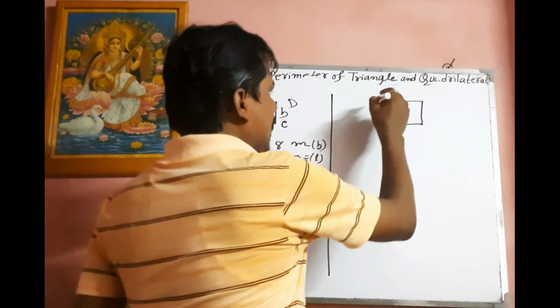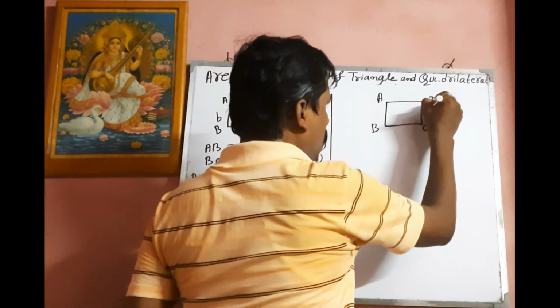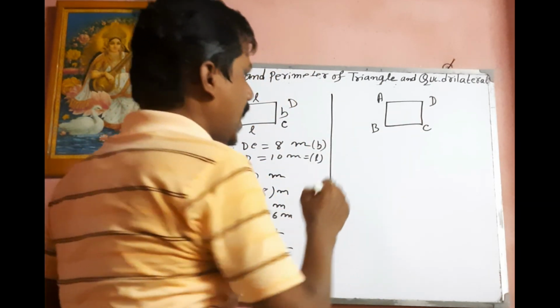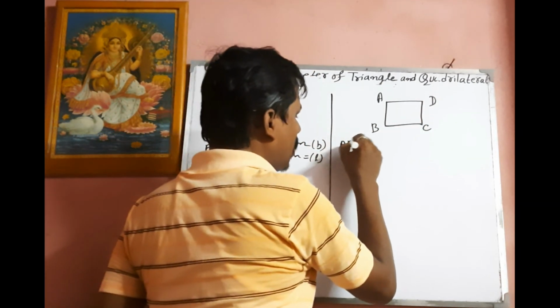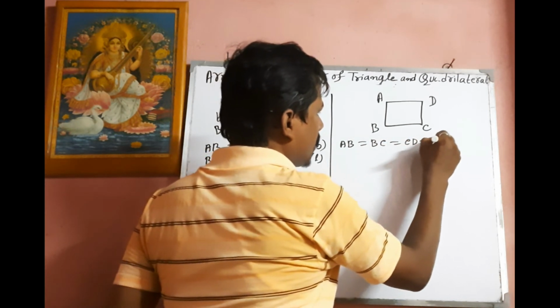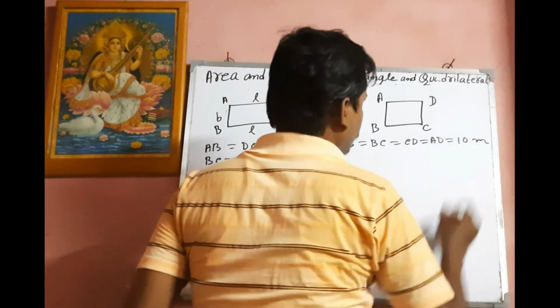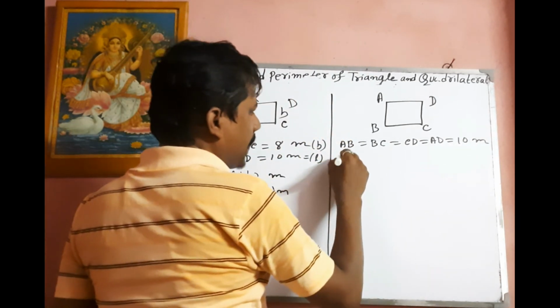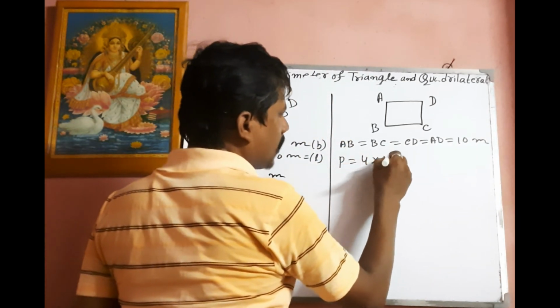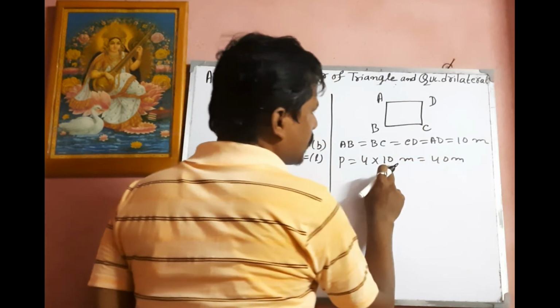Now we move to the next part, that is the square. Suppose ABCD is a square and the side is equal to 10 meter. Then the perimeter will be 4 times 10, that is 40 meter, 4 times the side.